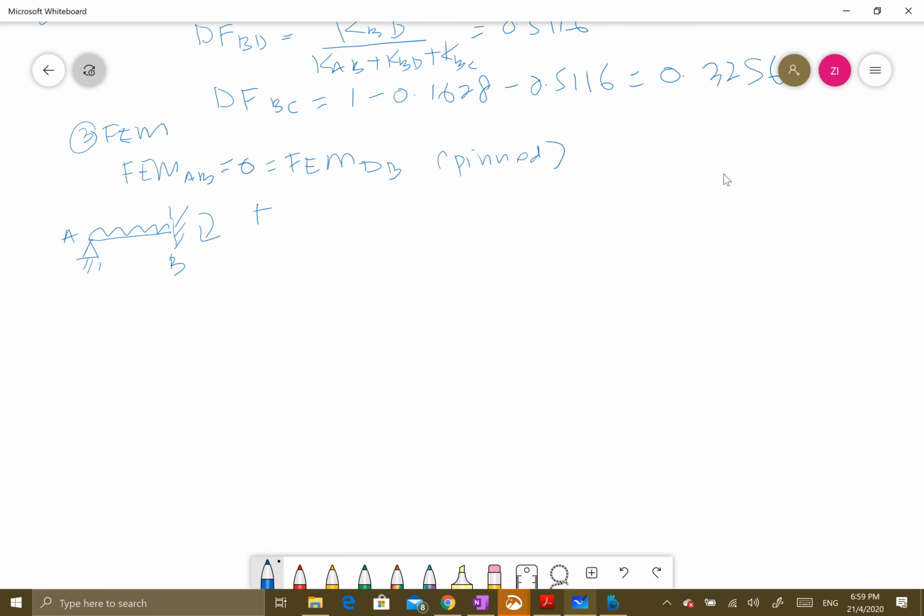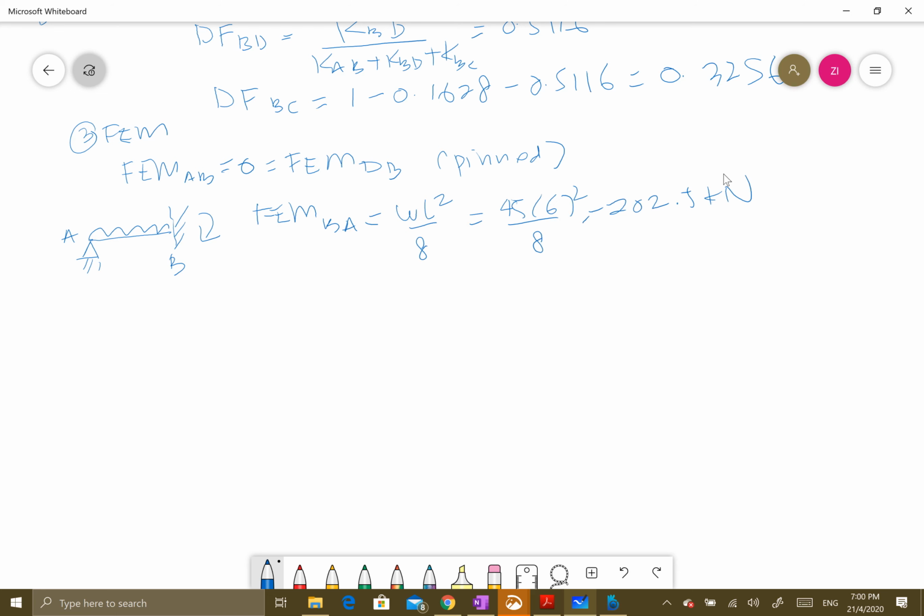So FEM BA equals to WL square over 8. Right? So when you put in the values, you get 202.5 kilonewton meter. Okay?